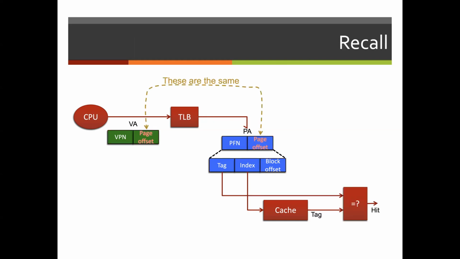We know that the page offset is going to be the same for both the virtual address as well as the physical address. So whether or not we have a hit determines if we have to go to memory or not in either case.